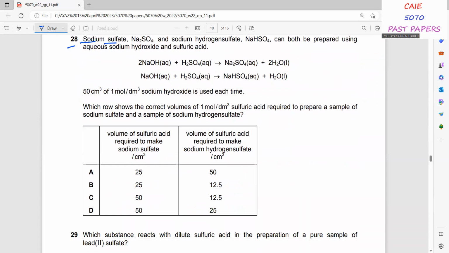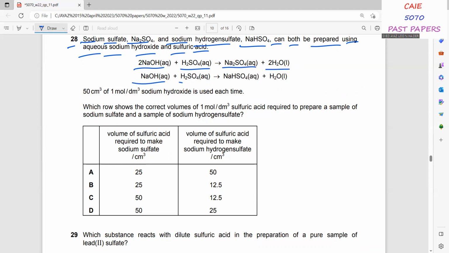28. Sodium sulfate, Na2SO4 and sodium hydrogen sulfate, NaHSO4 can both be prepared using aqueous sodium hydroxide and sulfuric acid. Here's a reaction equation. 2NaOH aqueous plus H2SO4 aqueous gives Na2SO4 aqueous plus 2H2O liquid.